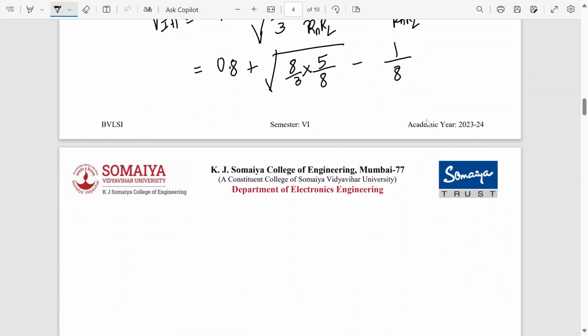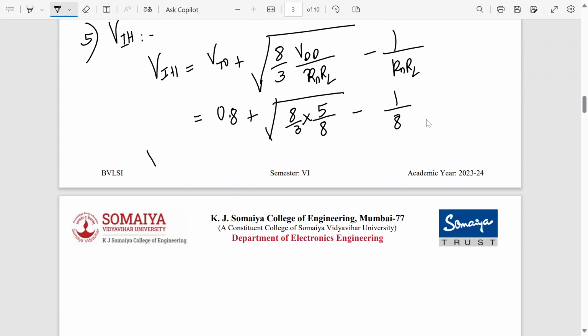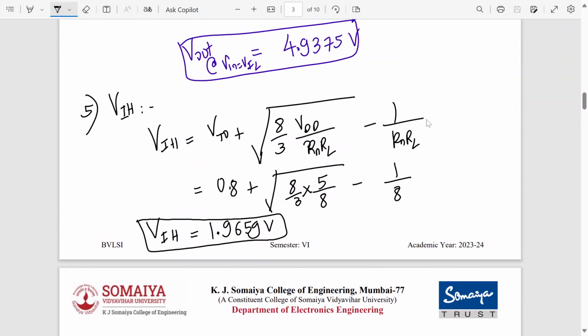Plug in these values in a calculator, you will get VIH as 1.9659. This is the value of VIH. This is the formula which we have to use.